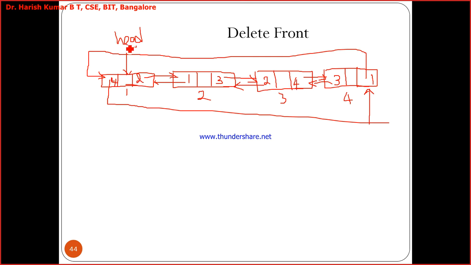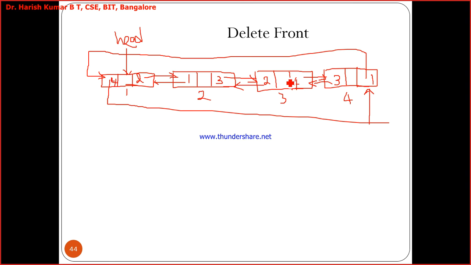Correct? Now using head, is it possible for you to access the 3? Using the head pointer, this is the only pointer, we don't have any other pointer. My question is, using the pointer head, is it possible to get the address of this node? I hope all of you are observing my mouse movement. Yes, sir.